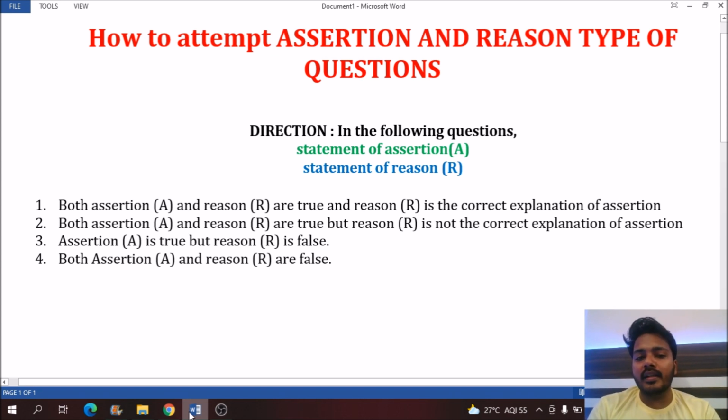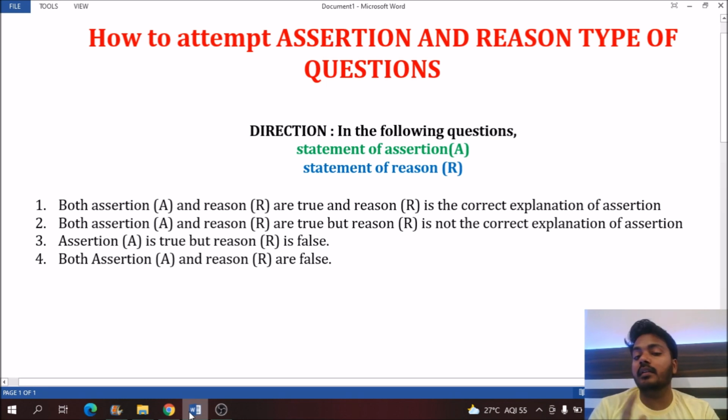Now it's time to understand how to attempt any question. First of all, read the assertion and reason individually and understand whether they are correct or not. If you find that both are correct, now there are 2 options. If the reason is the correct explanation, then option A is the final answer.